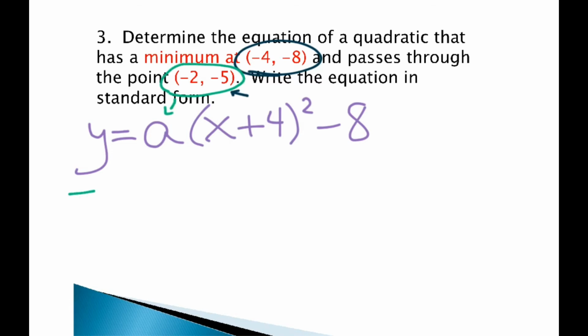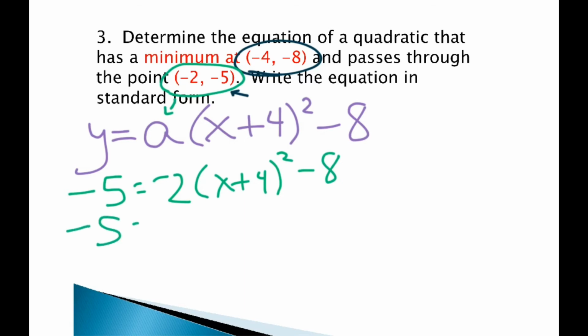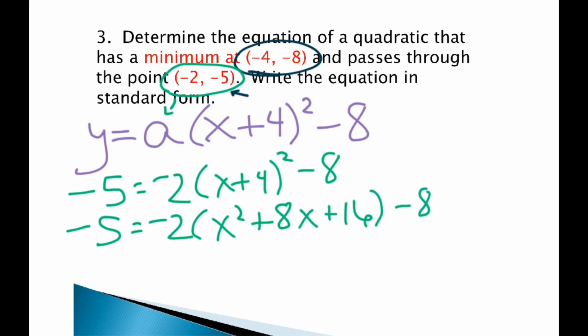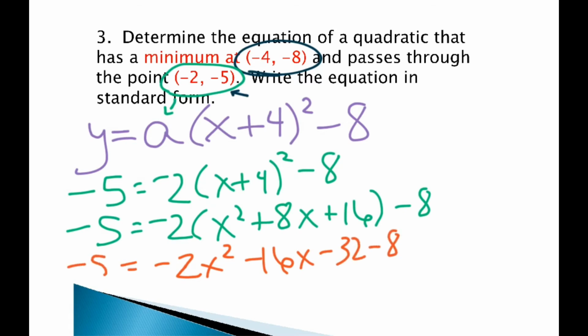Now because I have a point that it's going to go through, that's how I'm going to find A. So I'm going to substitute negative 5 equals negative 2 times x plus 4, quantity squared minus 8. Negative 5 is equal to negative 2, and then this is going to be x squared plus 8x plus 16, and then the minus 8. Now I'm going to combine some things. Negative 2x squared minus 16x minus 32 minus 8.